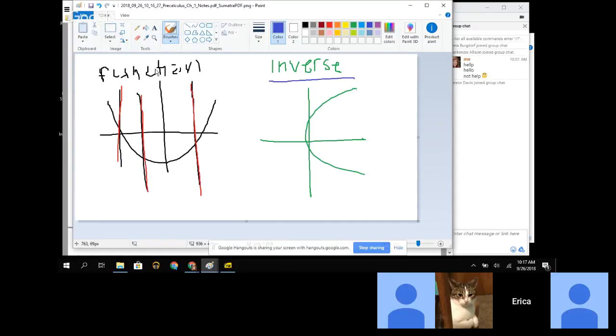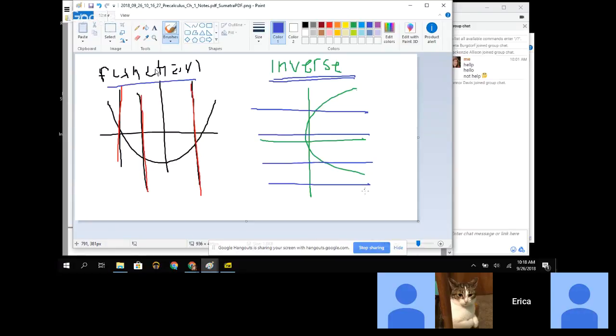So instead of a vertical line test for whether it's a function, the test for the inverse of a function is the horizontal line test. Does that make sense? Since we're reflecting the graph across y equals x, we're going from a vertical line test for a function to a horizontal line test for the inverse of a function.